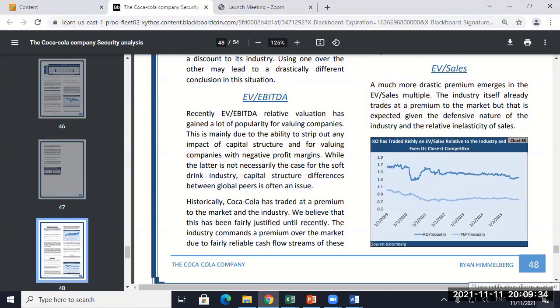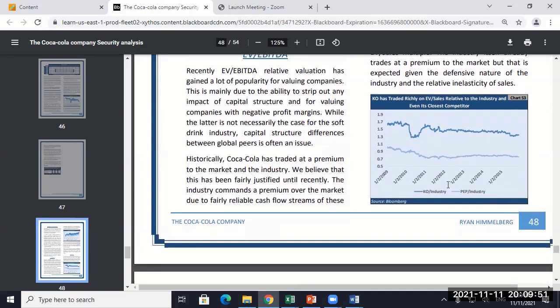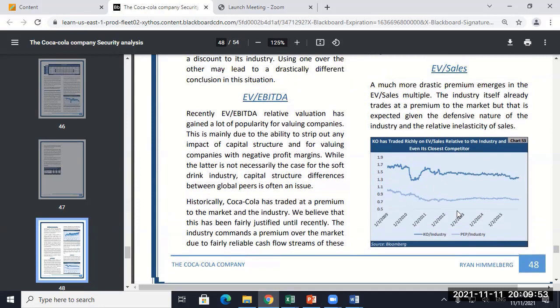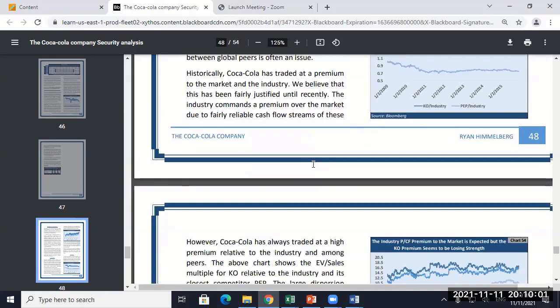I don't have it set up for both companies. You have to run the models twice, save them, and then collect the data together if you want to do that. So if you're doing Home Depot and Lowe's, then yeah, that would be a really good chart to do. So you can do it against the industry or a key peer. That makes a lot of sense. Does it make sense that Coke is trading rich to Pepsi? Back in 2017, you know, it'd be interesting to see today if that's still the case.